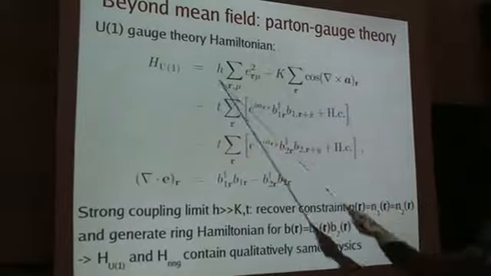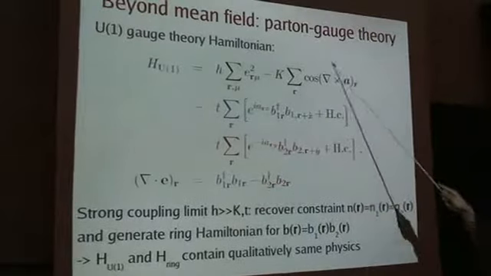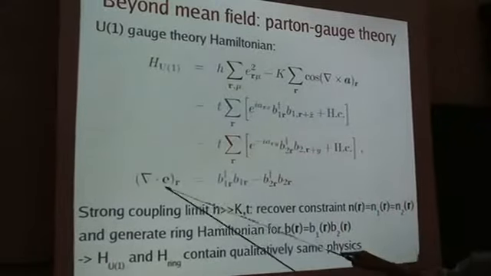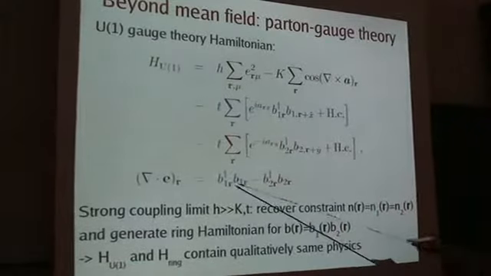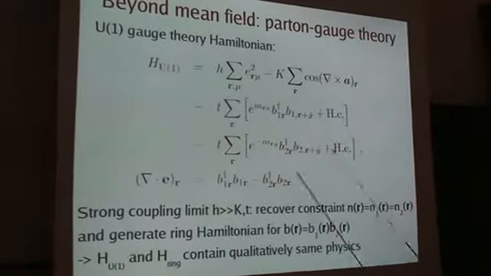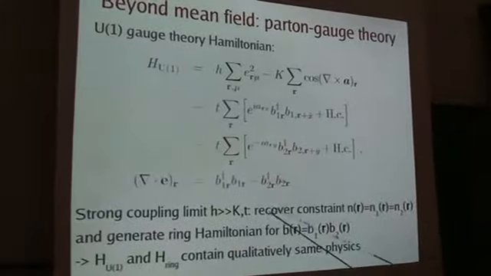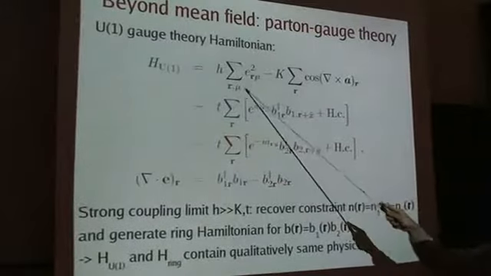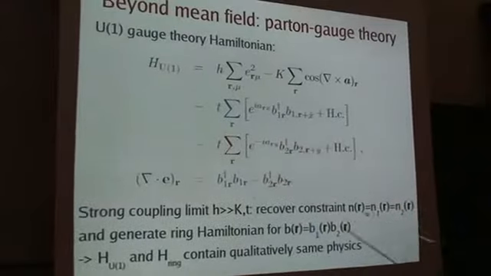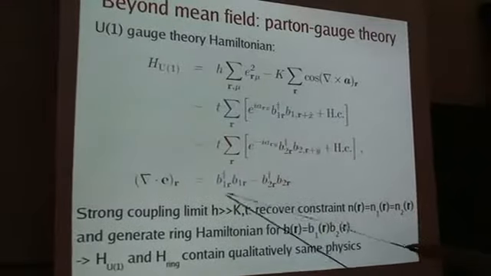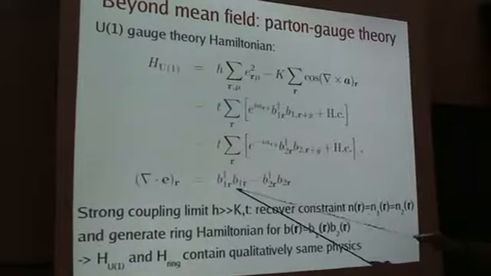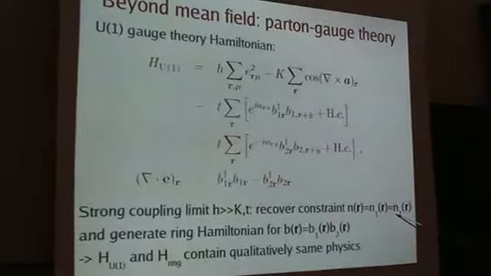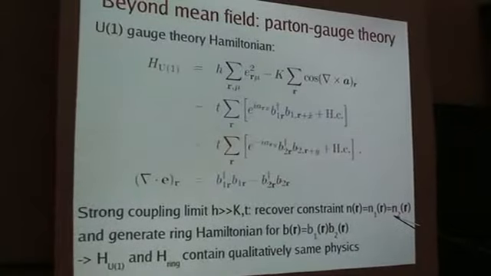There is some dynamics for this gauge field. Here, some cosine Maxwell-like term and some E² term. And then there is a Gauss's law: divergence of E is the total charge, which is N1 minus N2. Okay? And if you take this compact lattice gauge theory and consider it in the strong coupling limit where the electric field does not fluctuate, you see that this Gauss's law will enforce the constraint N1 equal to N2, and we get back the original bosonic type model.